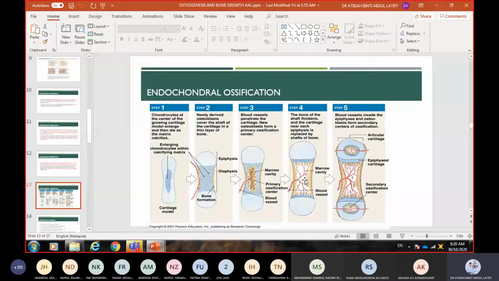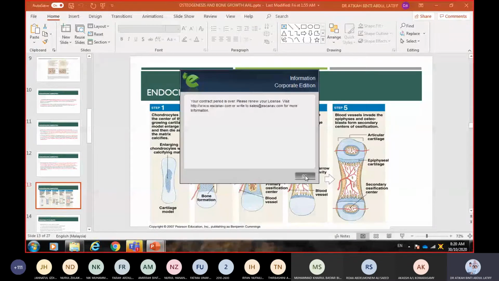Okay, and finally, at the end of the diaphysis, a secondary ossification center. So the same thing happens. Blood vessels will bring in osteoblasts and form the secondary centers of ossification. And finally, the cartilage will be replaced by bone tissue or osteoblast.